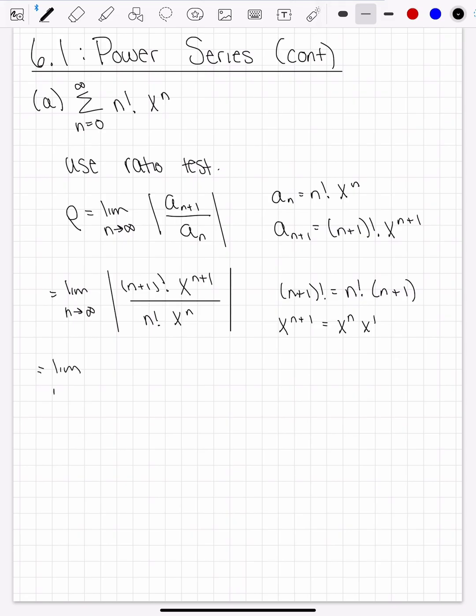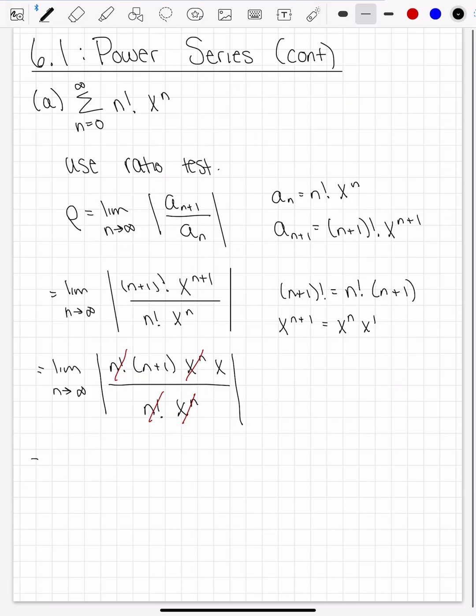So that gives us the limit as n approaches infinity of the absolute value of n factorial times (n+1) times x to the n times x, all over n factorial times x to the n. Since all of this in the numerator is multiplied, we can divide out the same things in the denominator. So all we're left with is the limit as n approaches infinity of (n+1) times x.